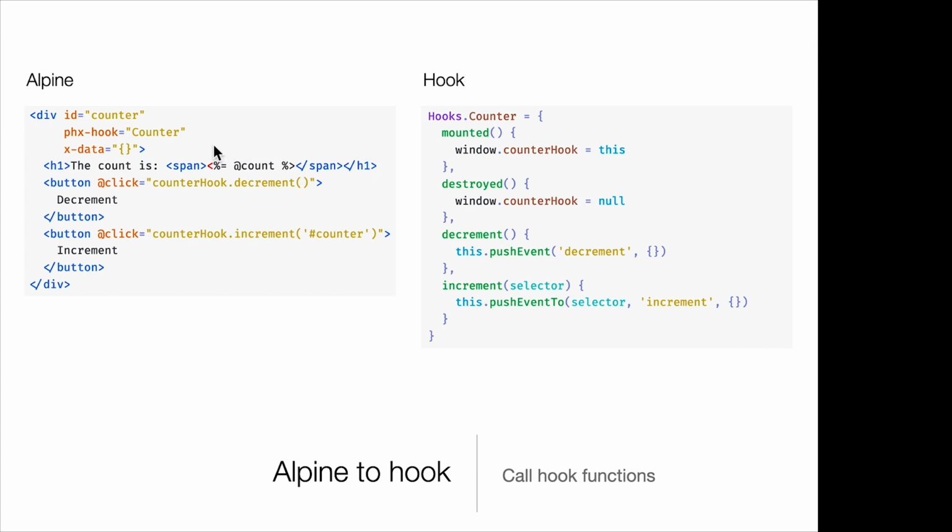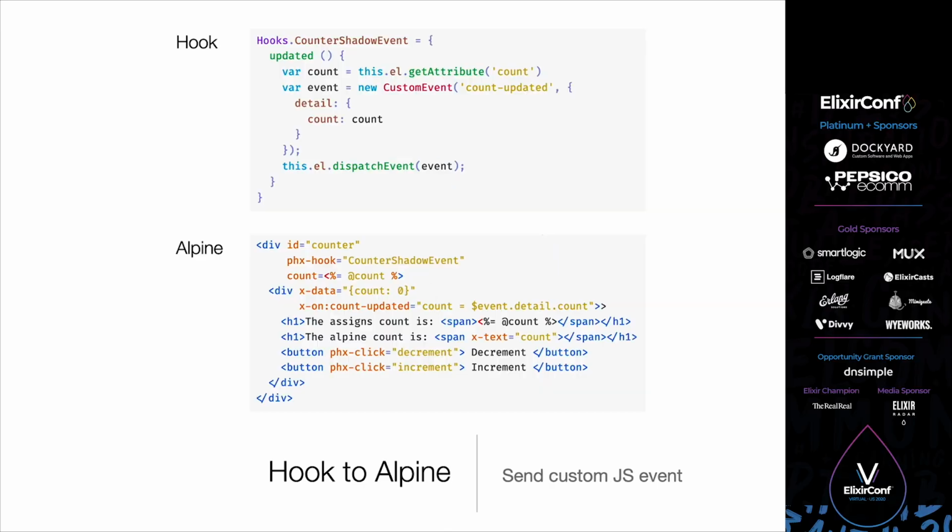So here within our click handler, we're calling counterhook, which we registered with window, and calling a function on that hook. Remember, hooks are just regular JavaScript objects, and they can have functions beyond the typical lifecycle functions that we define on hooks. So in this case, we're calling these functions directly from our Alpine code.